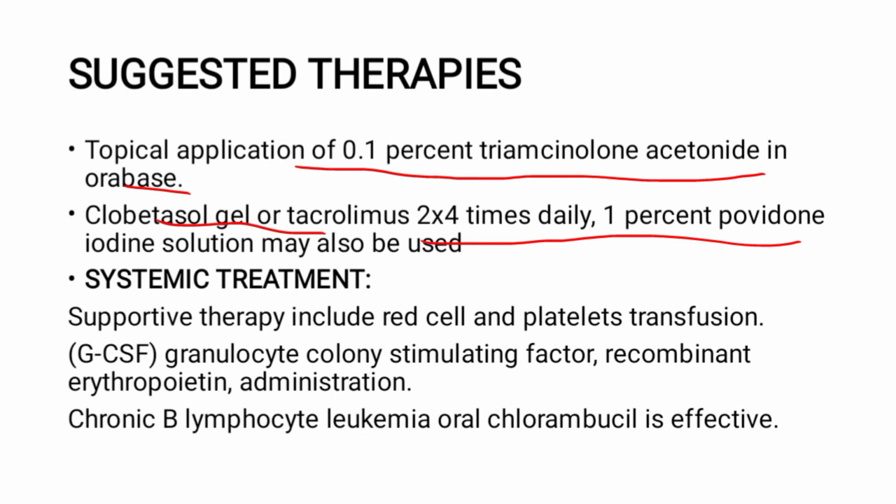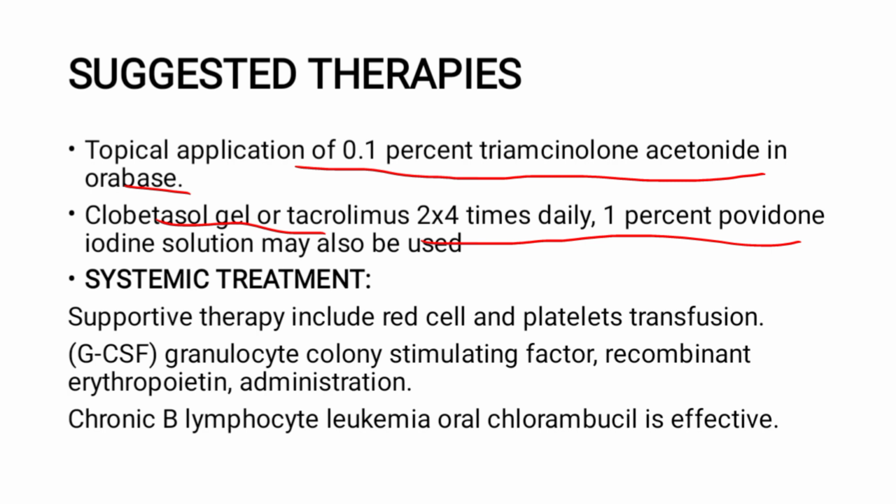So you have to give topical triamcinolone acetonide 0.1%, and clobetasol, and then tacrolimus daily, and 1% povidone iodine. Okay, in systemic treatment you can include blood transfusion, red cells and platelets transfusion. Then you can give granulocyte colony stimulating factor, recombinant erythropoietin administration, and for chronic B lymphocyte leukemia oral chlorambucil is effective actually.